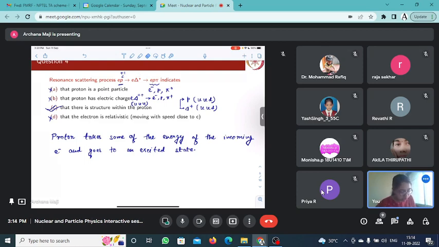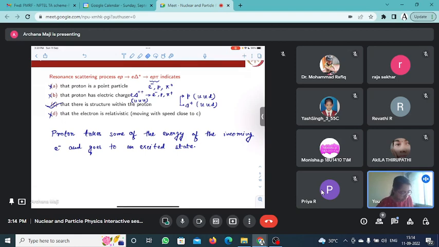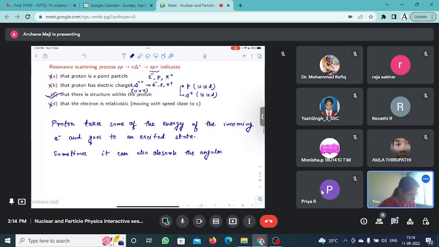So the proton takes some of the energy of the incoming electron and goes to an excited state, and sometimes it can also absorb the angular momentum of the electron and give rise to a different spin state.